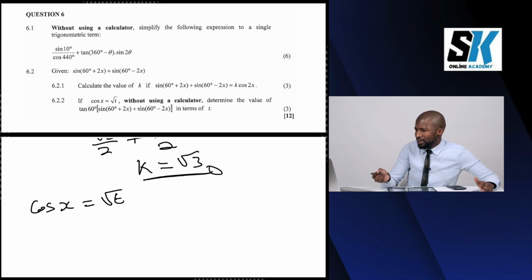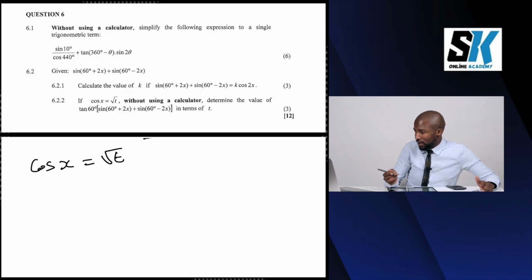I think we've already gone a long way with that one, but it doesn't matter. So let's utilize this one and see if we're going to have a shorter way of doing it.